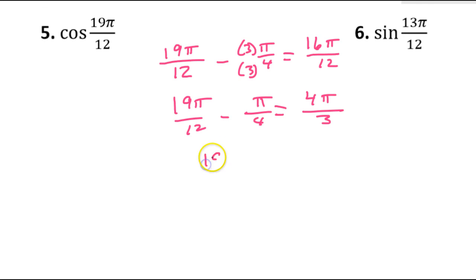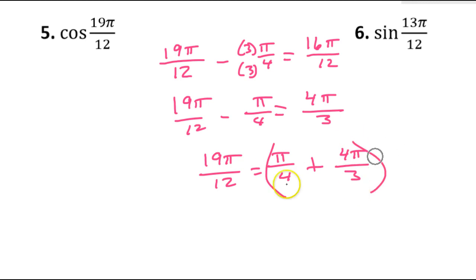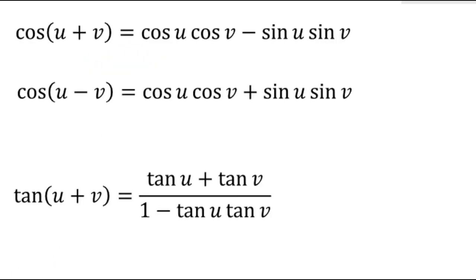So that means that 19 pi over 12. Now I'm adding pi over 4 to both sides, so I will get pi over 4 plus 4 pi over 3. So this is now the substitution that I can make instead of 19 pi over 12. So I can write this as the cosine of pi over 4 plus 4 pi over 3.